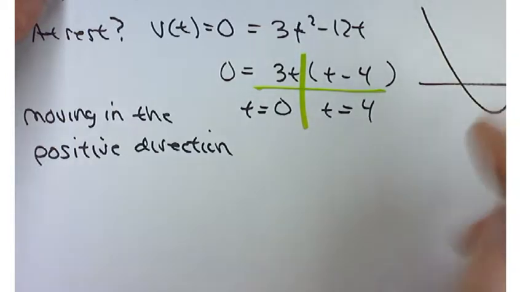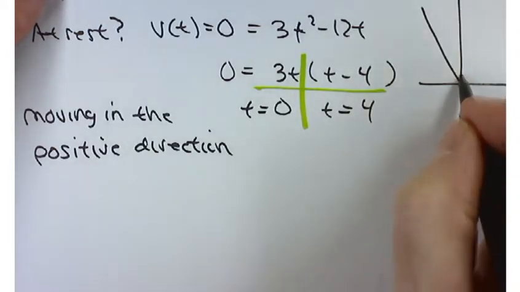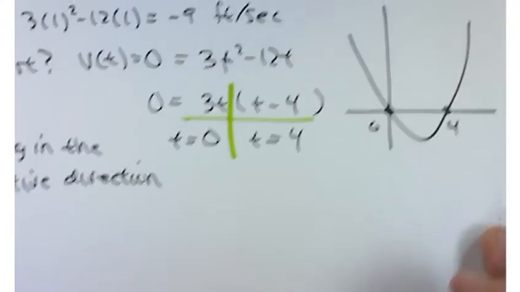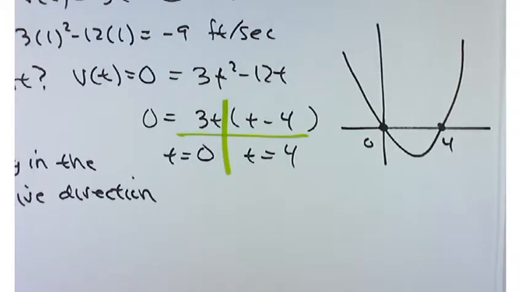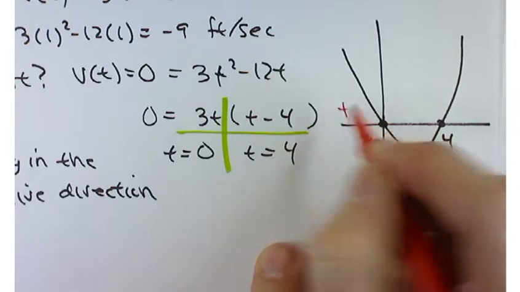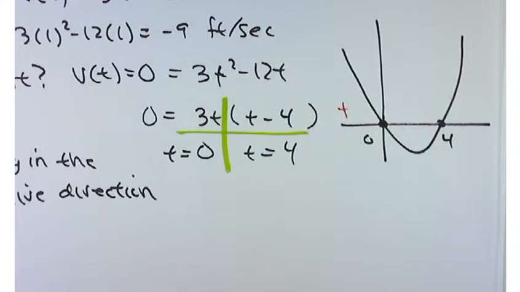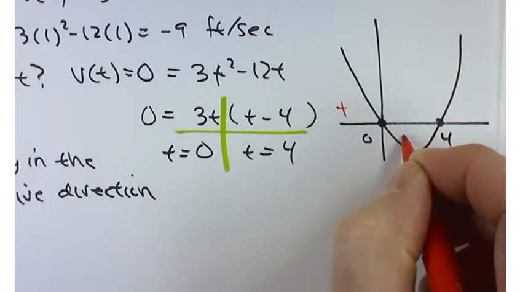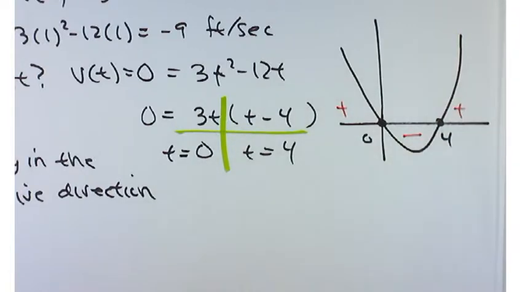You've got a parabola that crosses the x-axis here and here, at 0 and 4. So to the left of 0, the function is positive. Between 0 and 4, what's up with the function? Negative, and then positive.